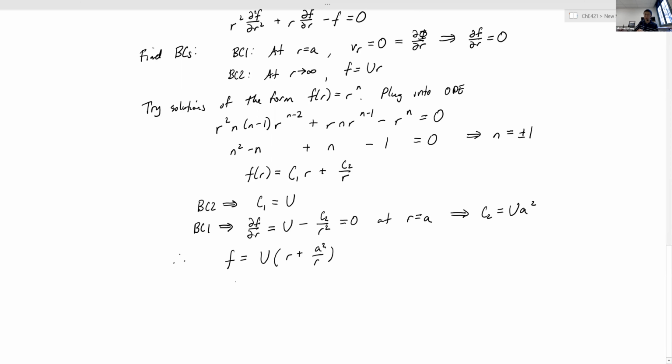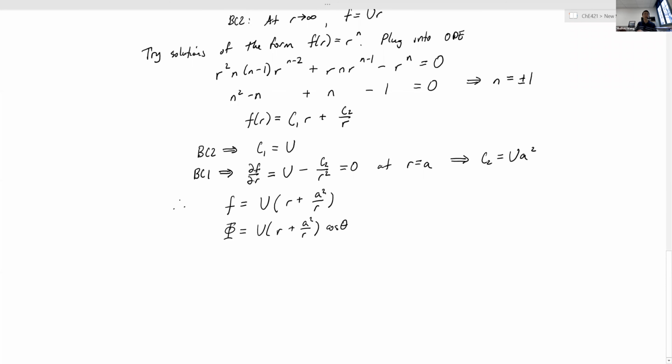This implies then that phi is equal to u times r plus a squared over r times cosine theta, right? Phi is just f times cosine theta. And then we were interested in our velocity components, of course.